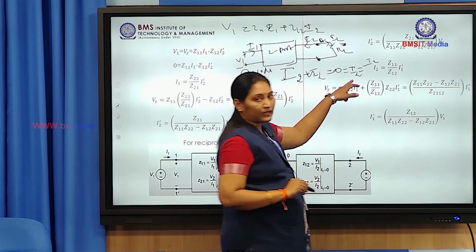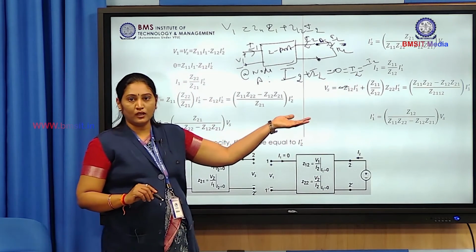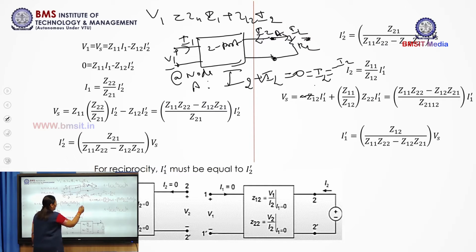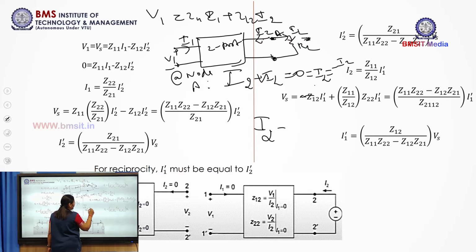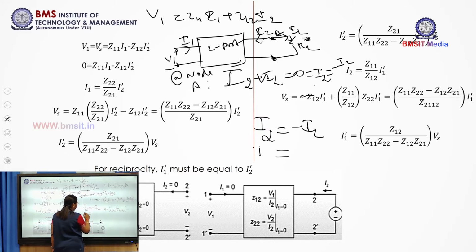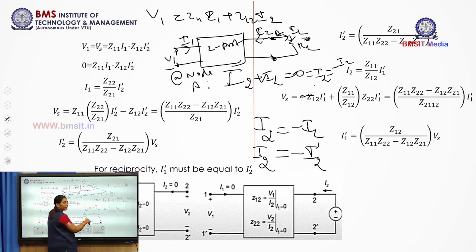So, I can consider IL as minus I2, or I2 as minus IL, both are the same. Since this IL has the same value as I2, I can consider this also an I2 but in the reverse direction.